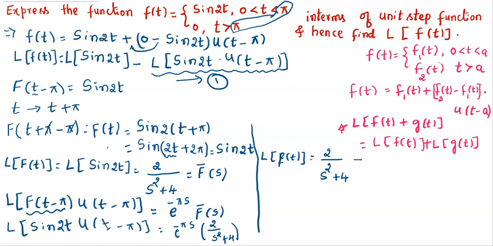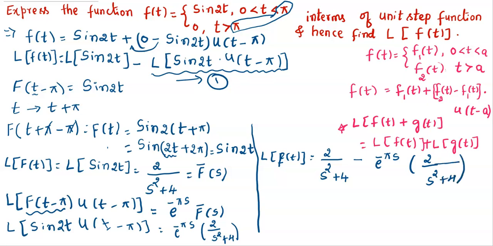Minus, we determined the Laplace transform of sine 2t into u of t minus pi, that is e to the power of minus pi s into 2 divided by s square plus 4.